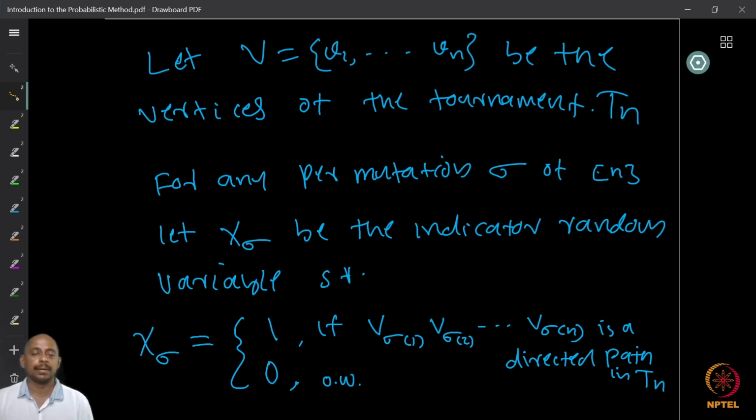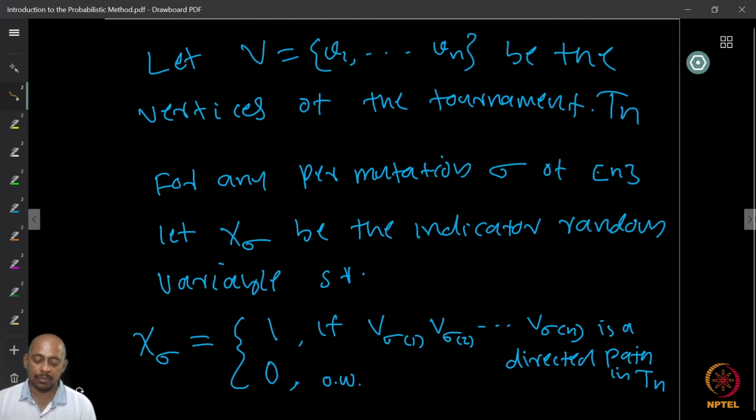Now I want to check whether it gives a path in the directed graph, so in the tournament. To do this, I define an indicator random variable, X sigma, which says whether sigma is a permutation which corresponds to a directed path or not. If sigma is a directed path, then X sigma is 1, and otherwise it is 0.